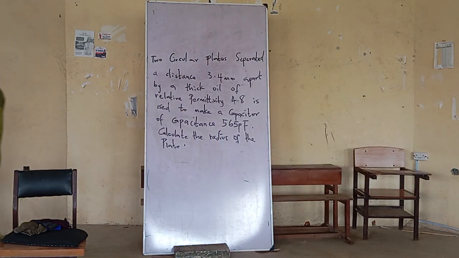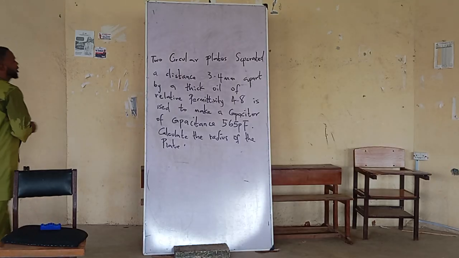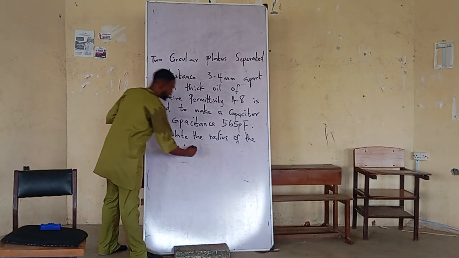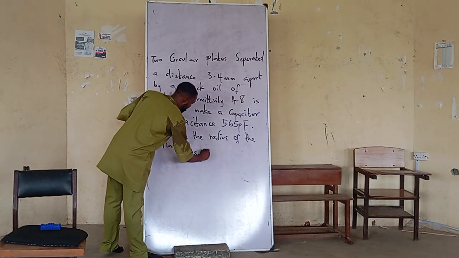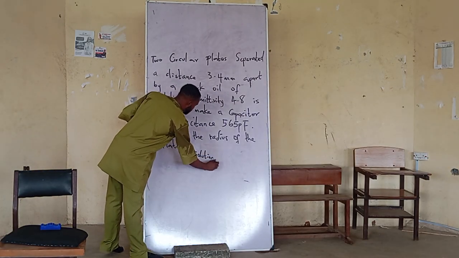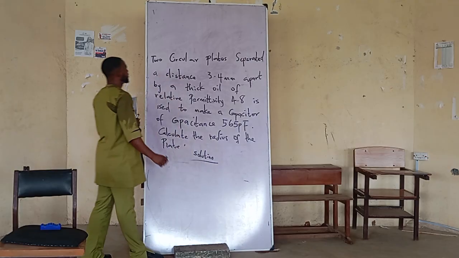Are you following? Yes, number one. So let's solve it. Let's be fast. What you do is you write solution. I've told students, sometimes you don't know a question, but the minute you write solution, the answer will be there.